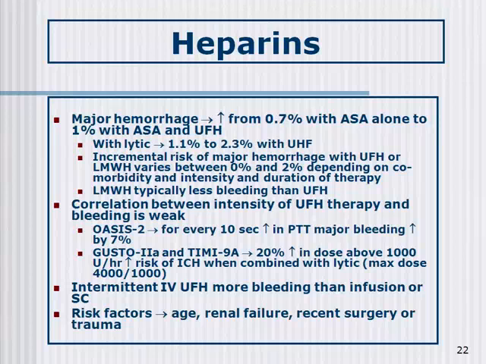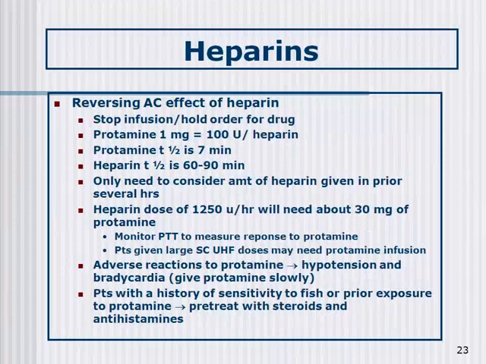So unfractionated heparin, if you're going to give it for systemic anticoagulation, really should be given by continuous IV infusion. Risk factors for bleeding are pretty similar to those for warfarin, but age, renal failure, obviously recent surgery or trauma, those are folks that are at increased risk of bleeding with heparin.